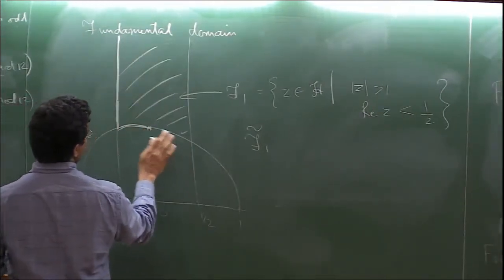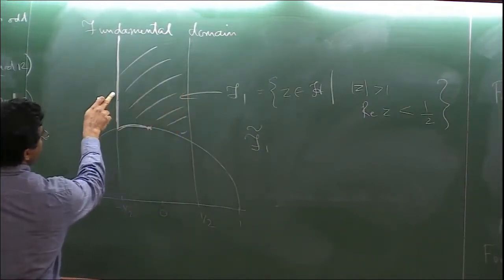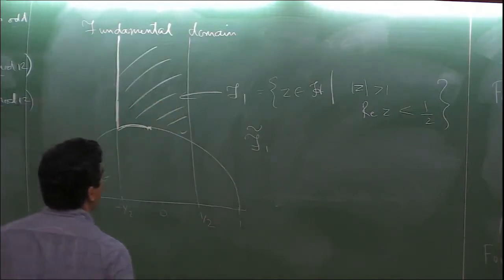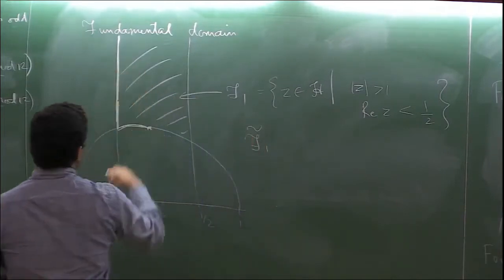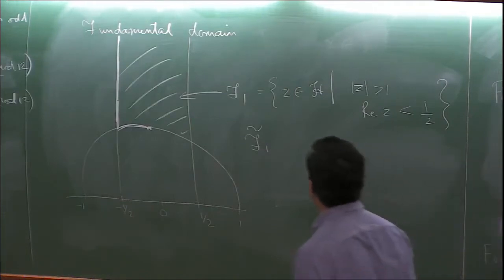Okay, so things here are equivalent to this, and things here are equivalent to this. So this is equivalent to this using T, and this is equivalent to this using S. Okay, so this is with this half boundary.